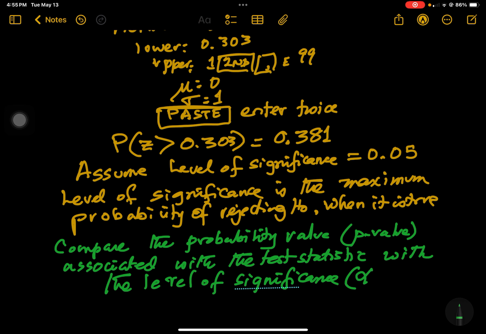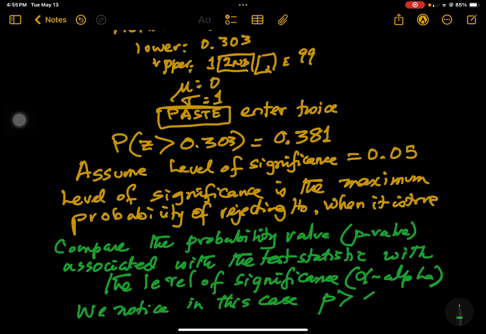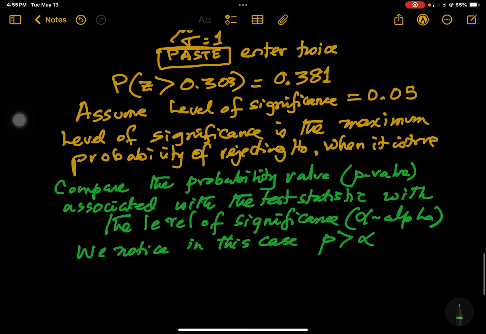This is the Greek symbol alpha. We notice in this case p is greater than alpha. In that case, the decision is fail to reject H0.